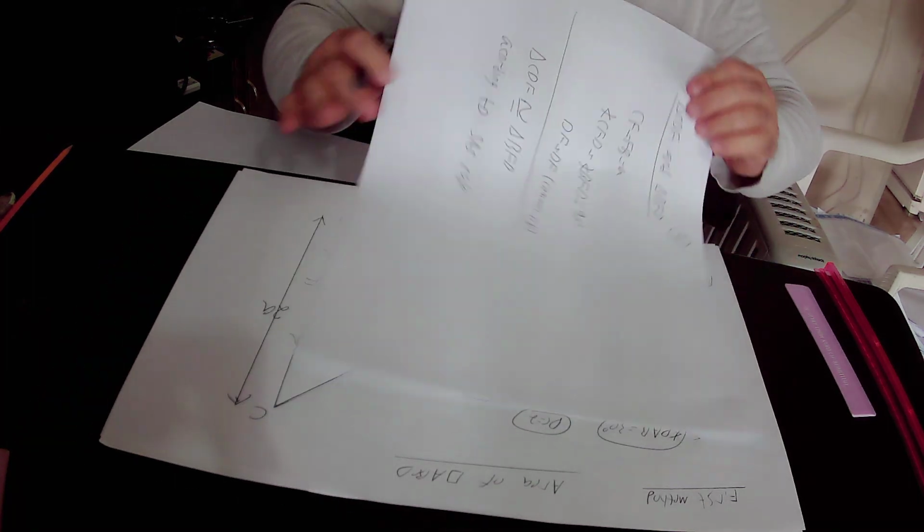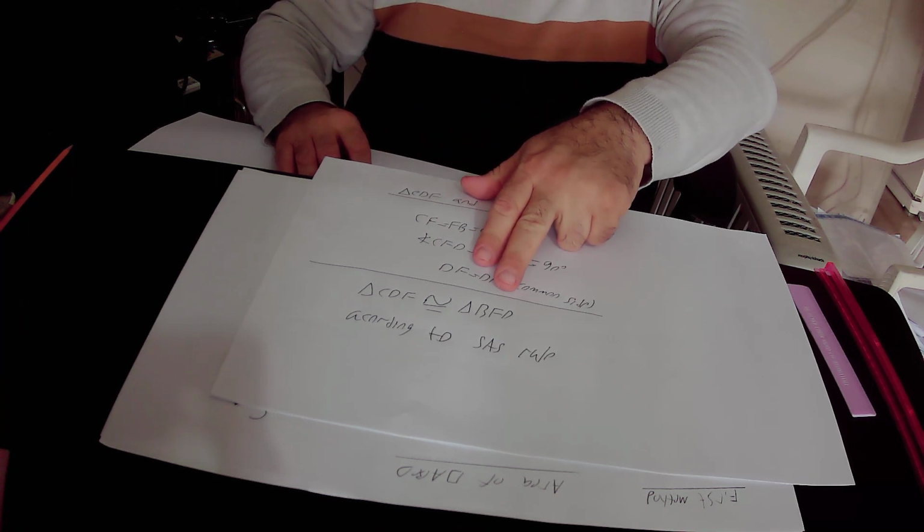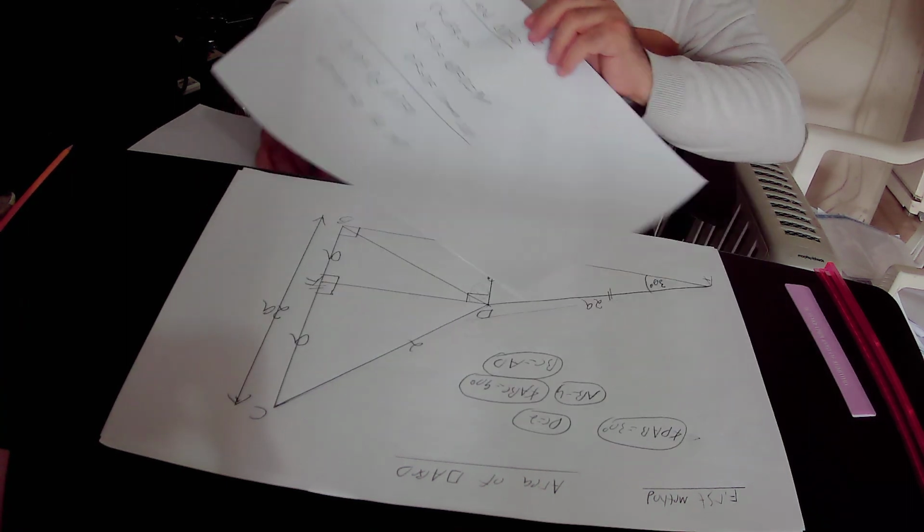I'll repeat again. Triangle CDF is congruent to triangle BFD according to the side angle side rule.